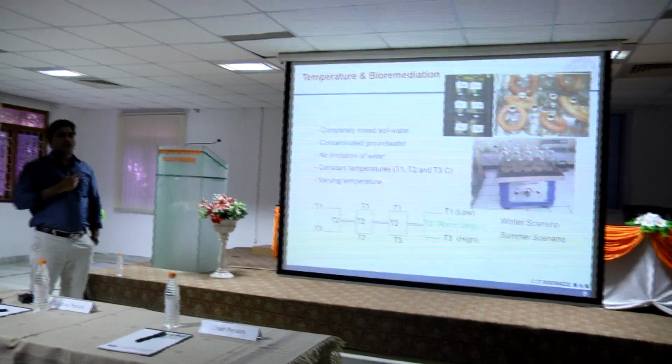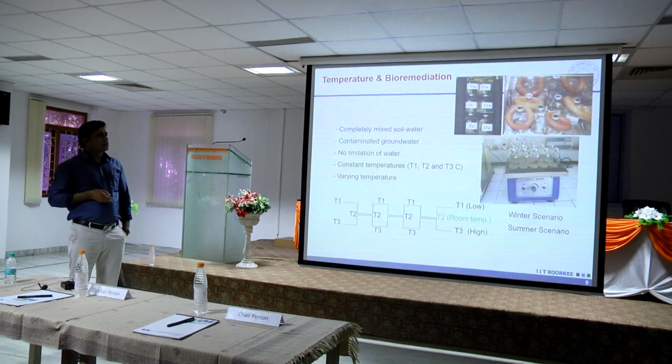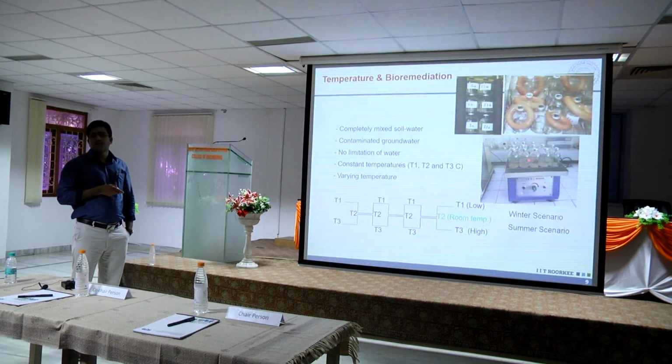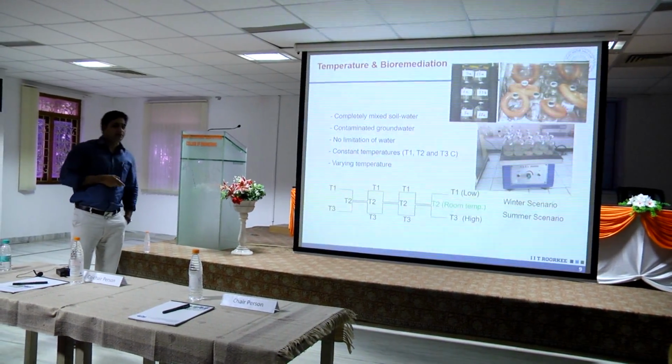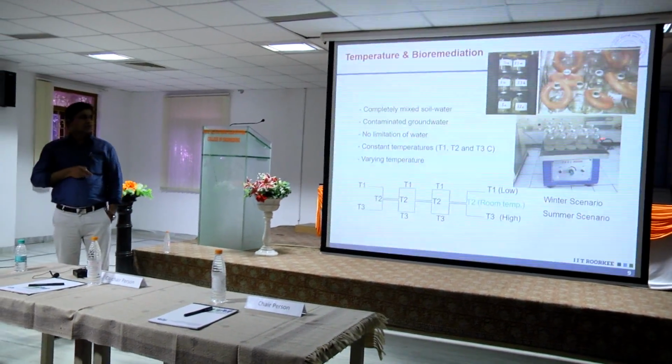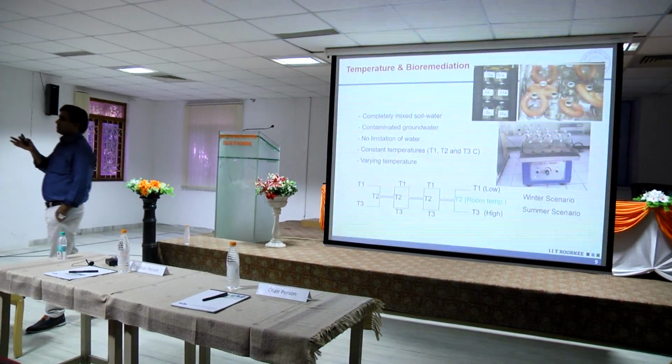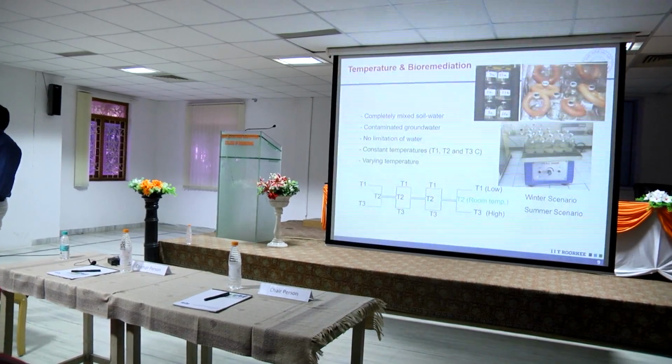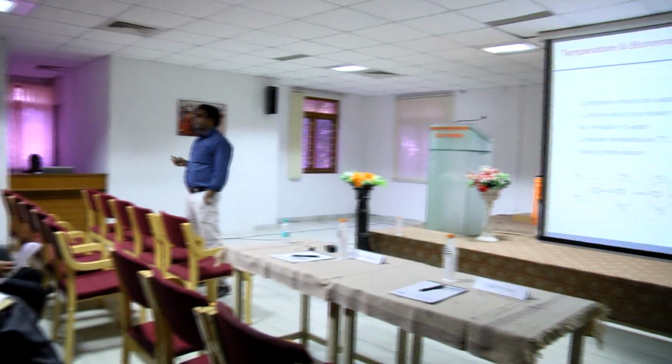What you are seeing, we have taken the small batch experiment, completely mixed batch experiments. And what we have done, we have put these batches at two temperatures, which can mimic the day and night temperature of the site. For example, in the daytime the temperature is very high, maybe 30 degrees Celsius or 25 degrees Celsius. At night it is going to be 15 degrees Celsius. Next day it is going to be daytime.